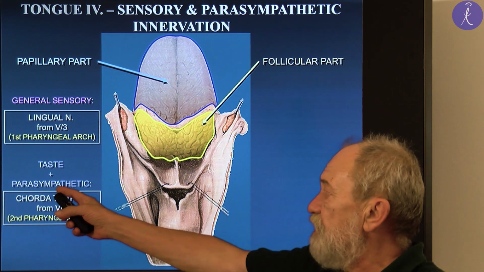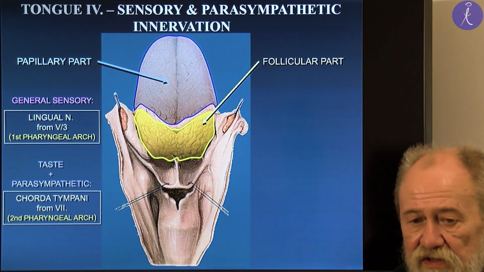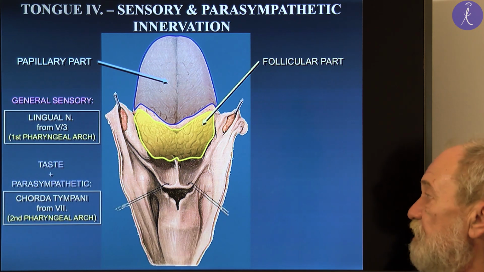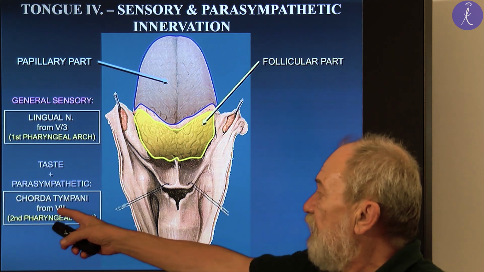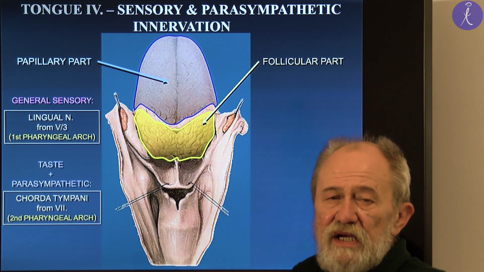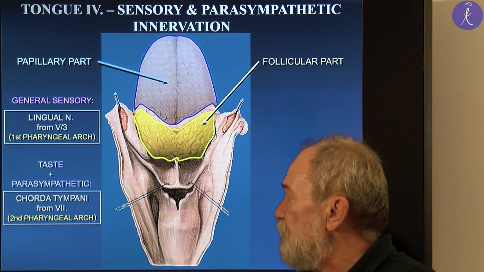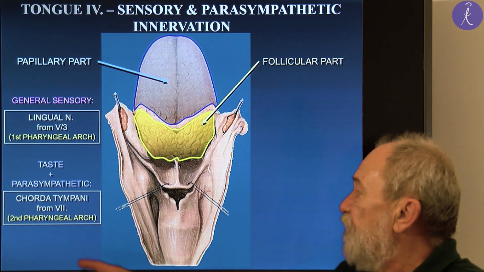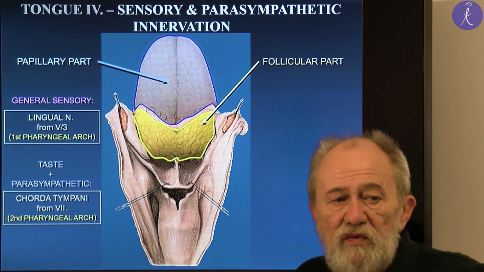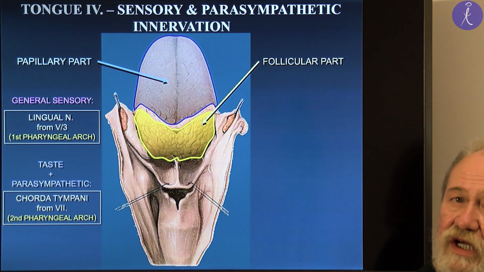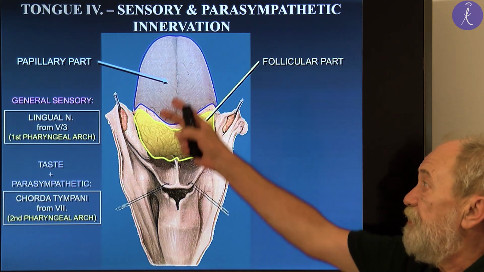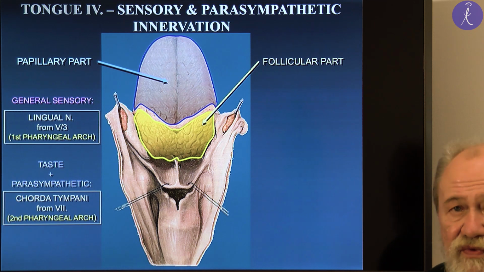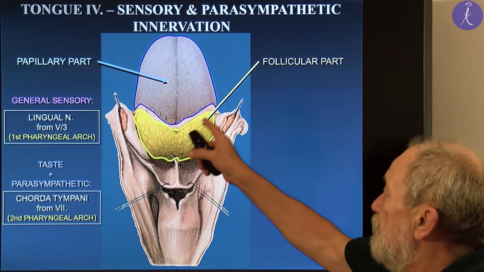For the parasympathetic innervation and the taste sensory innervation, the facial nerve is responsible, by its branch called the chorda tympani, and the facial nerve belongs to the second pharyngeal arch. That is about the papillary part, the anterior two thirds of the tongue, in front of the sulcus terminalis.